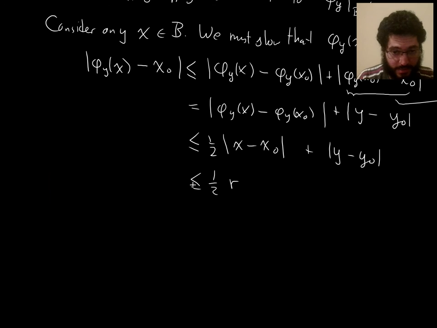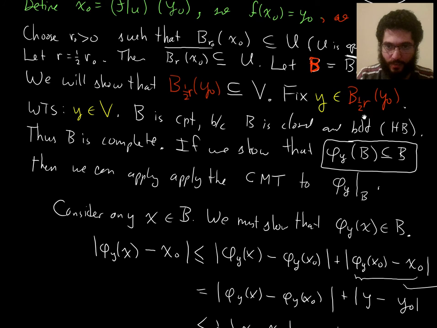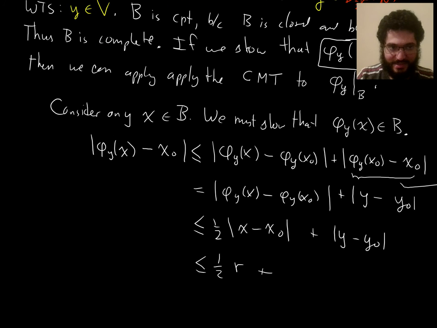And I'm putting less than or equal to because I know only that x is in the closure of that disk, not necessarily that it's in the interior. And the distance between y and y0, well, look where y came from. y is within 1/2 r of y0. So now you know why 1/2 r was used there.